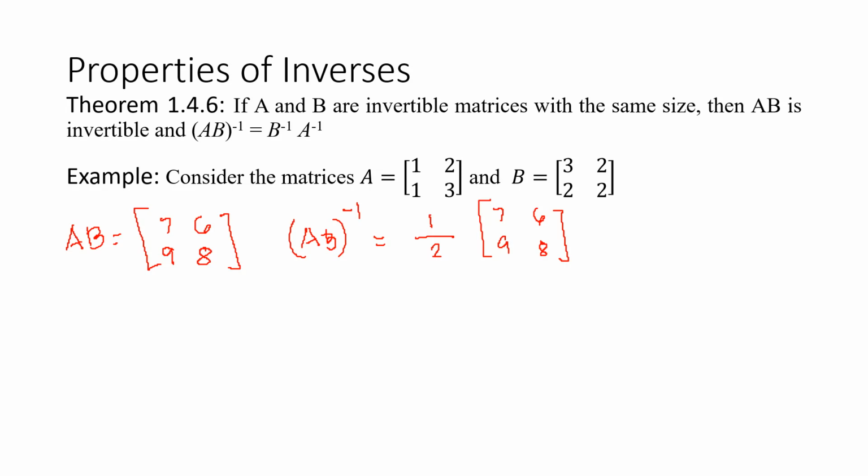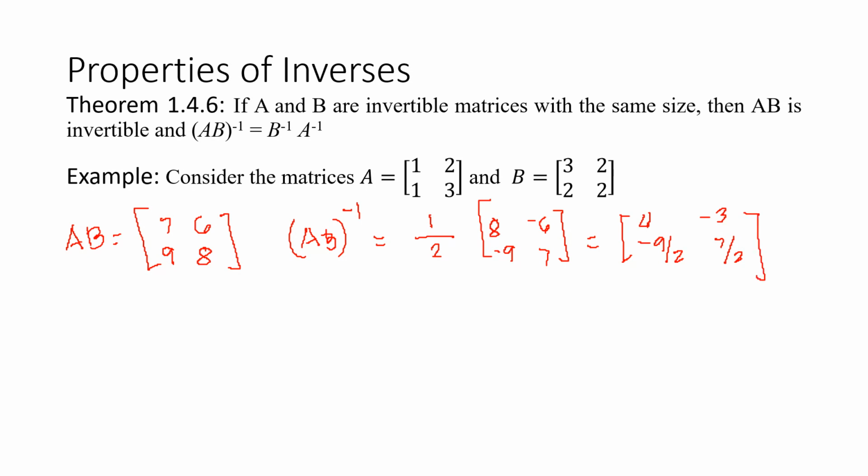No, I'm wrong, it should be 8, then negative 9, then negative 6, and you have 7, which is equal to 4, negative 9 over 2, negative 3, and 7 over 2.